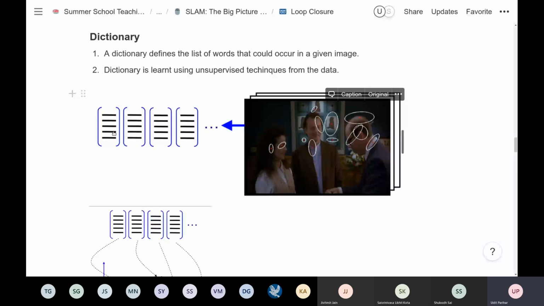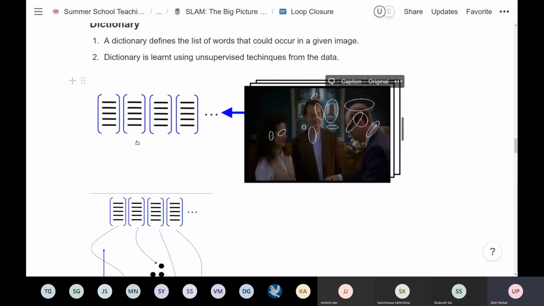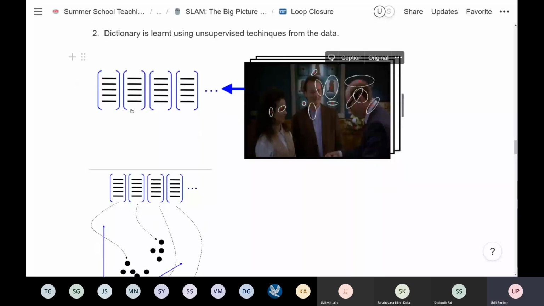You have so many images, and these black lines correspond to a descriptor in the image. This black line corresponds to one descriptor in that image, the second black line corresponds to the second descriptor in that image, and so on. So you have this number of images and this many descriptors.